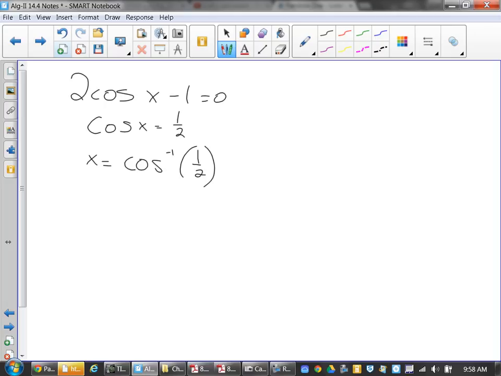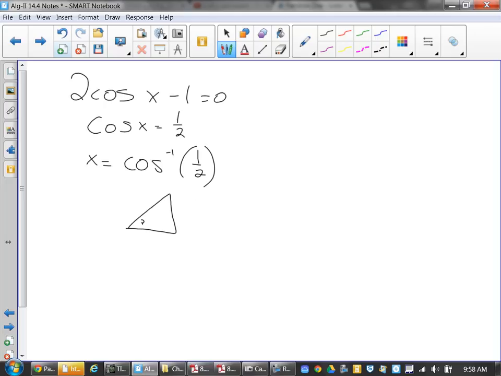So the angles that wound up with a cosine value equal to a half, to be positive, were in the first and in the fourth quadrant, correct?